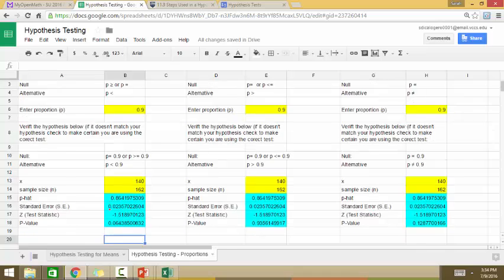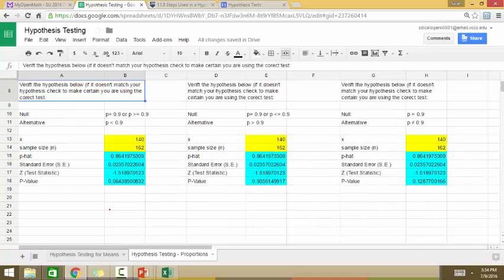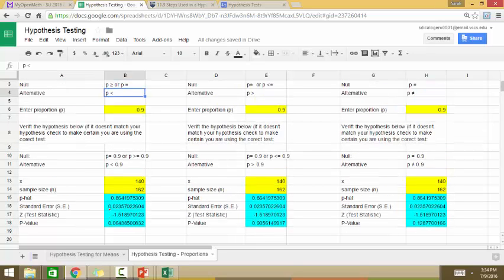This is actually confidence intervals, so I need to fix that. No, that's right. You can still get your standard error. I'm looking at the wrong sheet. So it'll calculate your p hat for you, your standard error, your test statistic z, and then your p-value. And again, if you're testing at the 0.05 level, your p-value has to be less than 0.05.